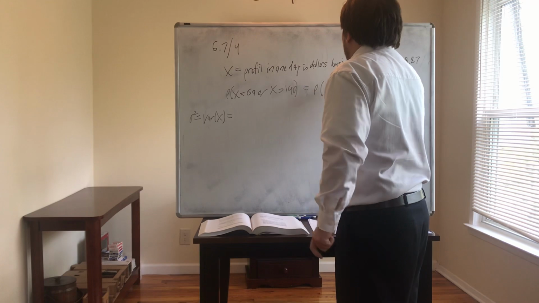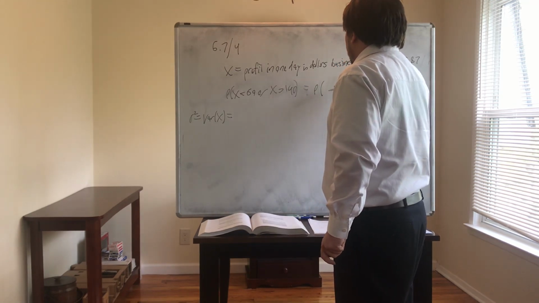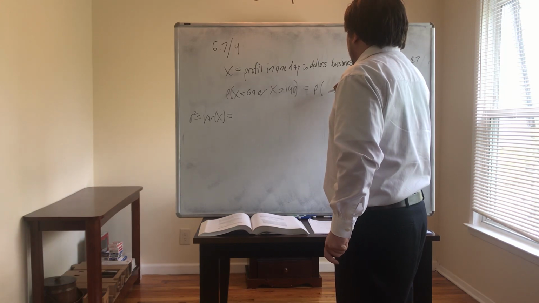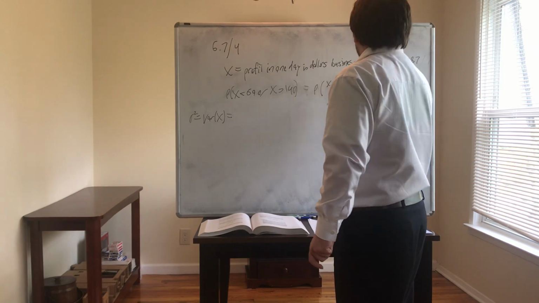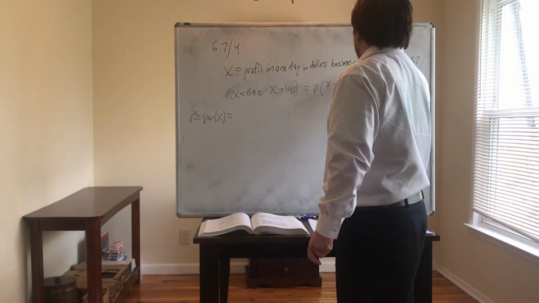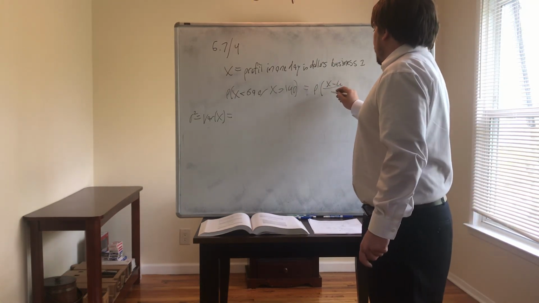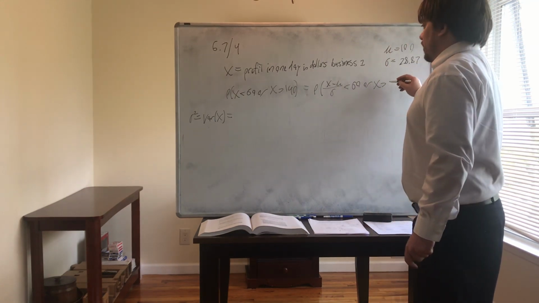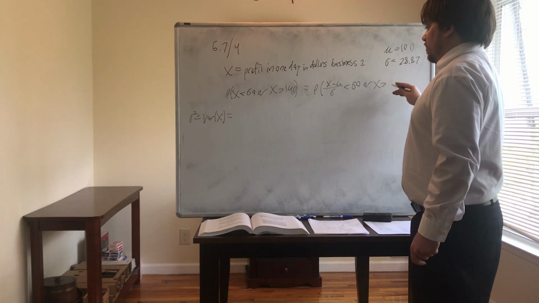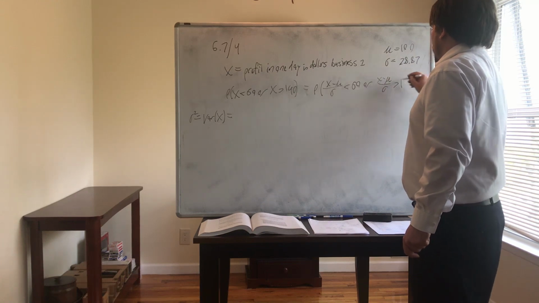This is equal to the probability that X is less than 60, so let's do X minus mu, where mu is 100, over sigma is less than 60, or X is greater than 140, or X minus mu over sigma is greater than 140.